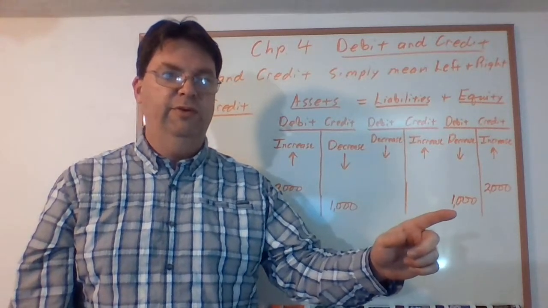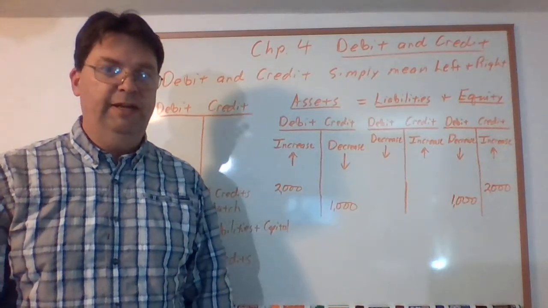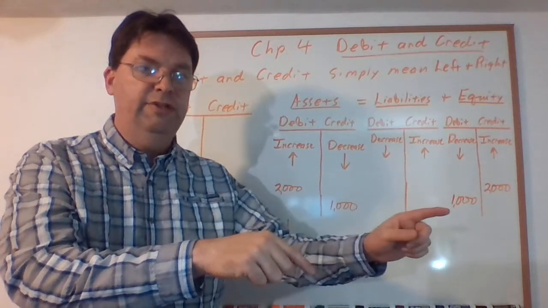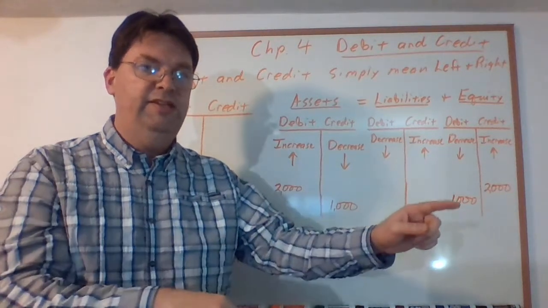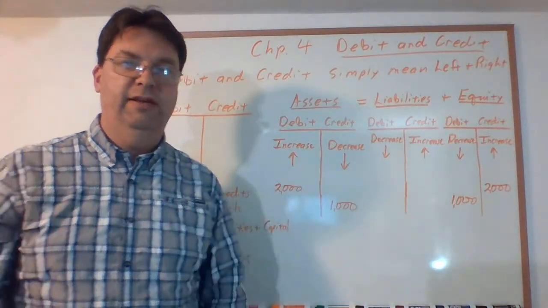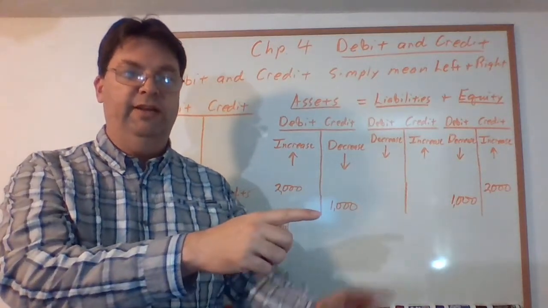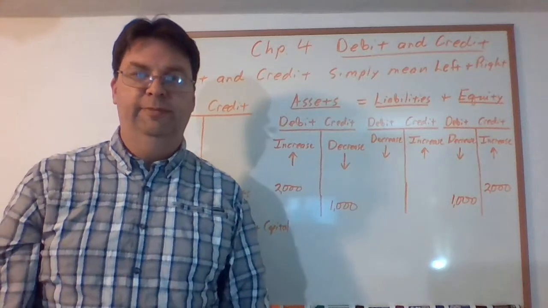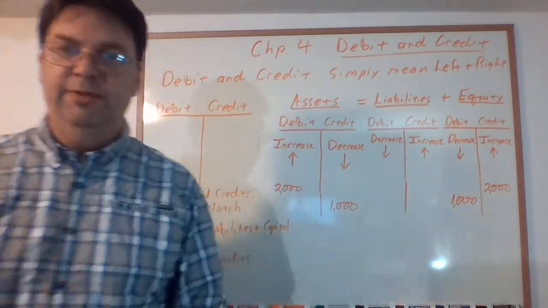So if we want to decrease our equity, see, we lost $1,000 there, so it lowers the value of our business. Decrease equity is with a debit. So we have a credit, we have a debit, it's on either side of the equal sign. We're good. Okay, let me show you something real quick.